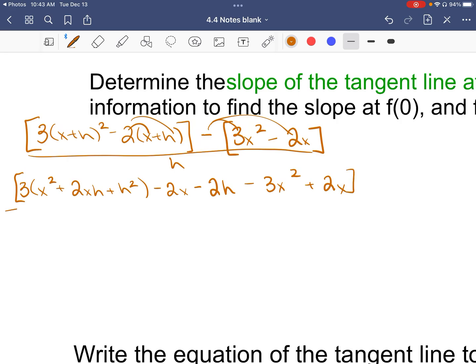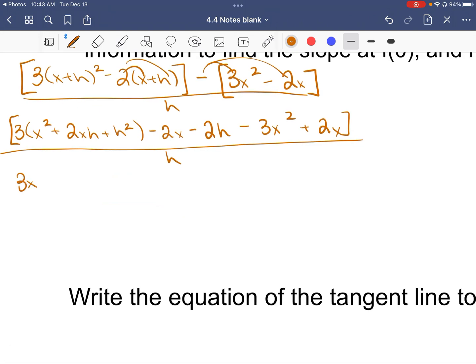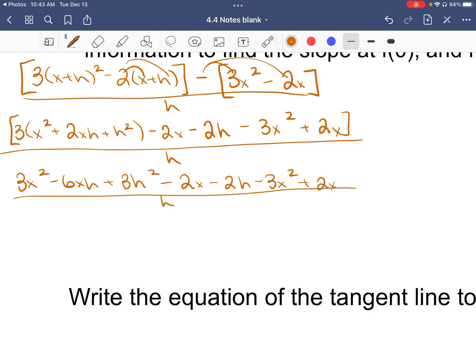I guess technically I don't really need the square brackets anymore. All over h. So 3x squared plus 6xh plus 3h squared minus 2x minus 2h minus 3x squared plus 2x all over h. So now simplifying, well, 3x squared minus 3x squared is 0. Negative 2x plus 2x is 0.